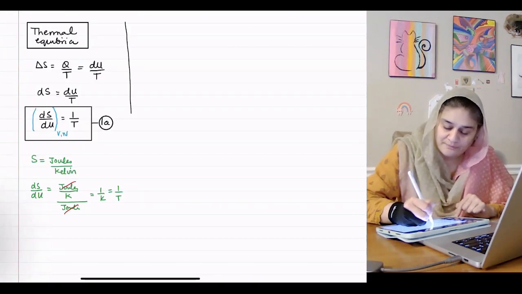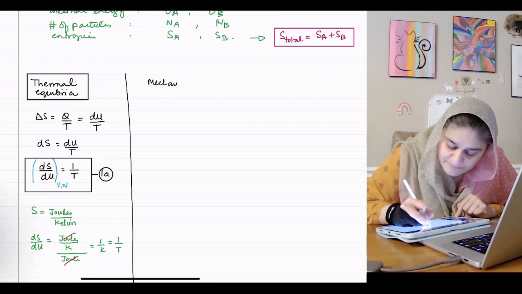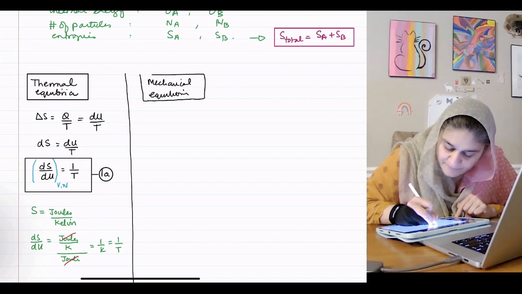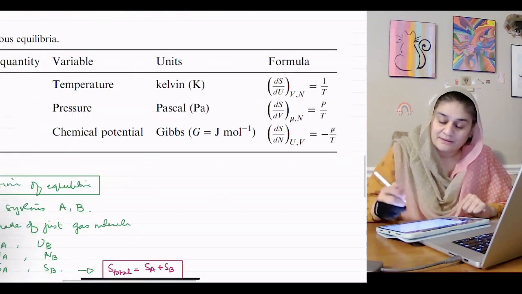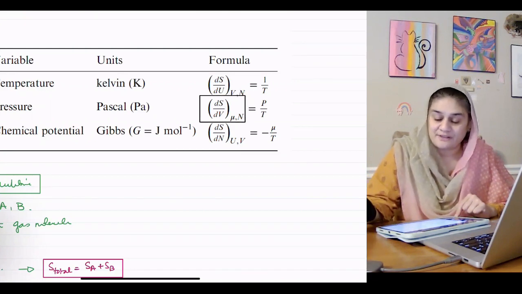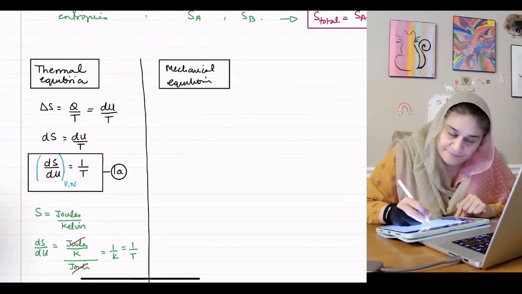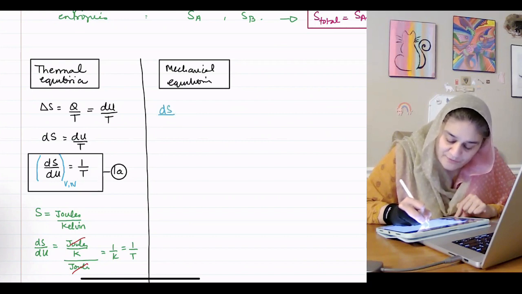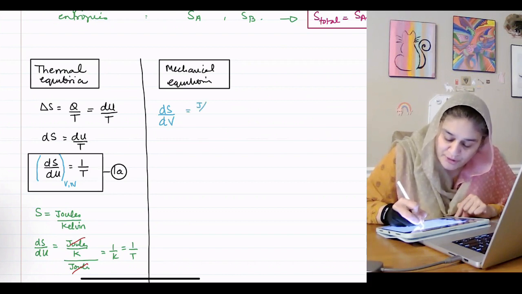Okay. Number 2. Mechanical equilibrium. So if I start from the left-hand side of this expression, dS over dV at constant mu and N. May I rewrite this as joules per Kelvin divided by meter cubed?